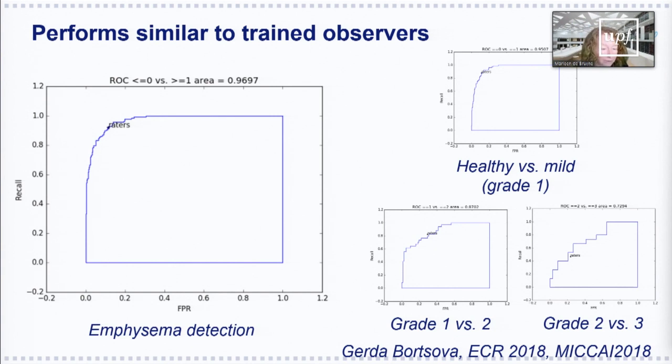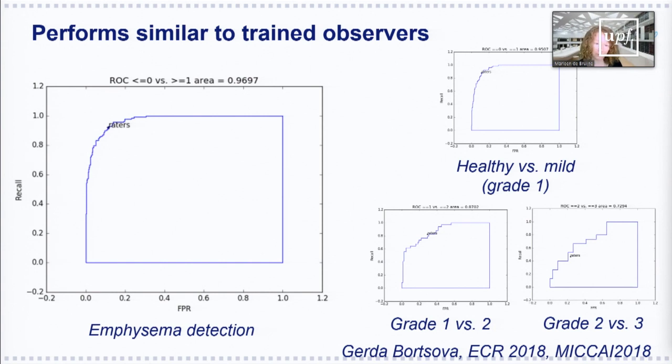What you see here, on the left, is the ROC curve for any type of emphysema detection. And I'm not sure if you can see it well. I can't actually on my screen. But here there's a little dot which indicates the agreement between observers. So the model performs exactly on par with the inter-observer agreement.